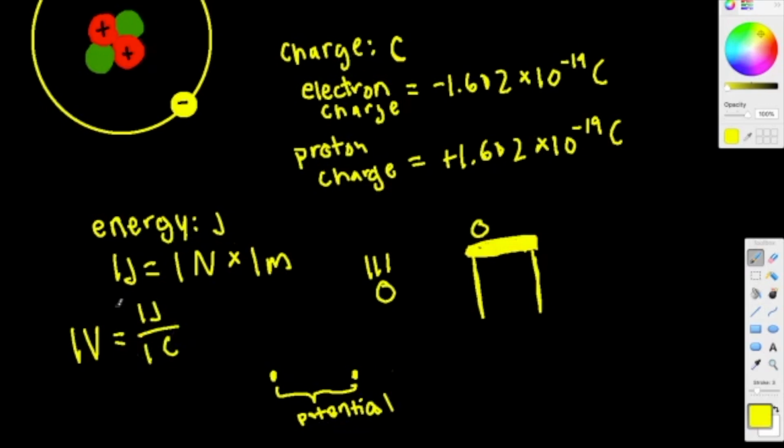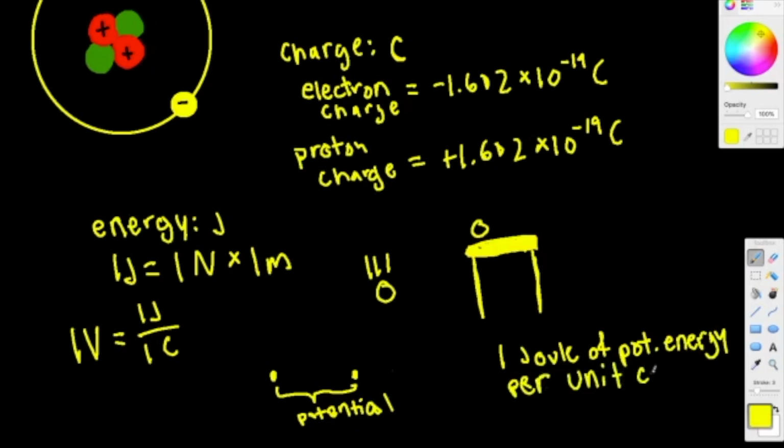It's read as 1 joule of potential energy per unit charge. That's the main physics definition behind it, what exactly voltage is in terms of joules and coulombs.